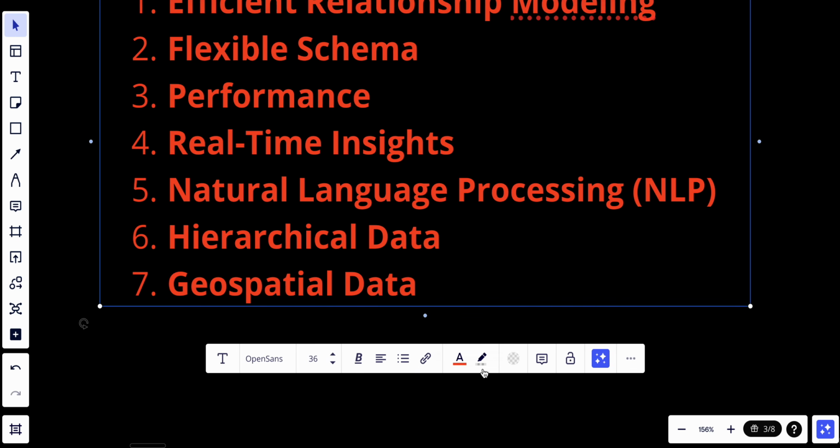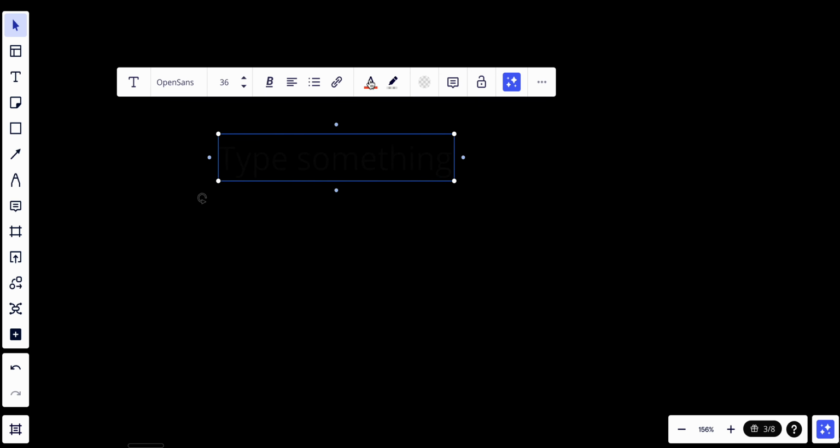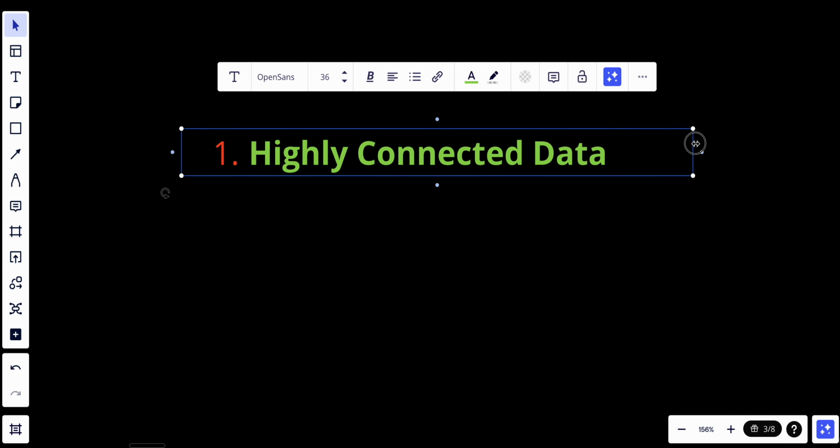So let's ask the second question, which is, when do we need to use a graph database? Let's mark this one in green, with numbers. The first one, I would say, is if we have highly connected data. If your data has many relationships and connections that are central to your application's functionality, consider using a graph database.